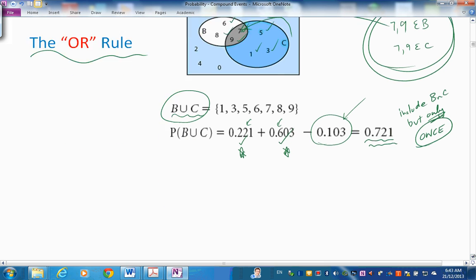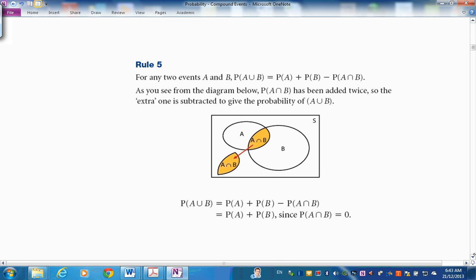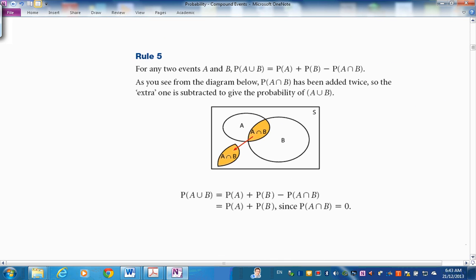Okay, come on down. Let's have a look at the next rule here from Pearson's. For any 2 events, A and B, probability of A union B is the probability of A plus the probability of B minus the intersection. We don't count it twice. We do count it though. Don't count A intersection B twice. That's important.